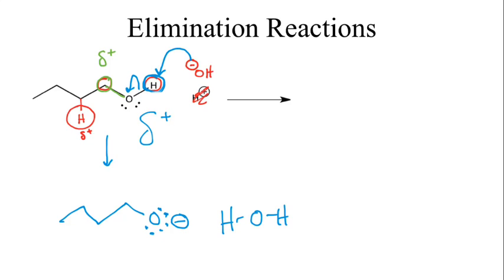Does oxygen want to be negative? No, so it's going to find the most positive. Where's the most positive? On our hydrogen there, and we get the reverse reaction. So we go right back to where we started. So interesting. We add a base to our alcohol, we don't get the elimination reaction.